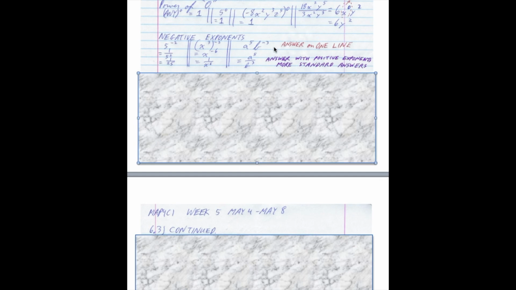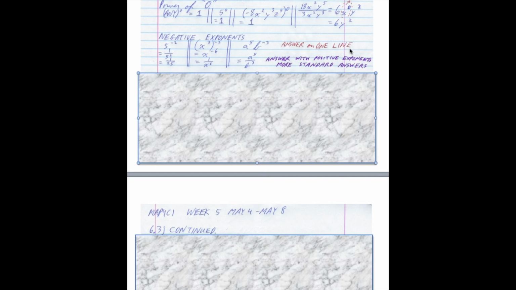Last but not least, a to the 5th, b to the power of negative 3. Now, if your final answer looks like this, that is called answer on one line, or results on one line. Most of the teachers, most of the textbooks default to always showing positive exponents.